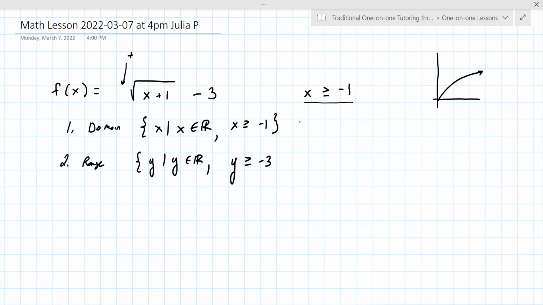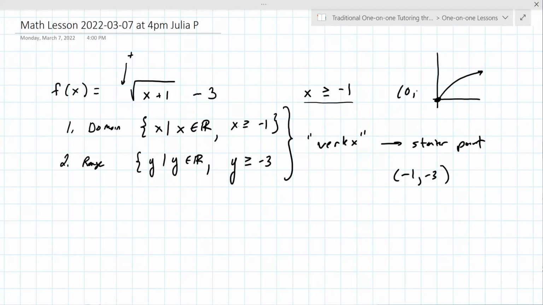Now it's not a vertex point, but this right here, if we loosely use the word vertex, what we're really doing is talking about the transformations here. The starter point is -1 comma -3. So for a regular square root function, the starter point is 0, 0. But here the starter point is -1 and then -3.